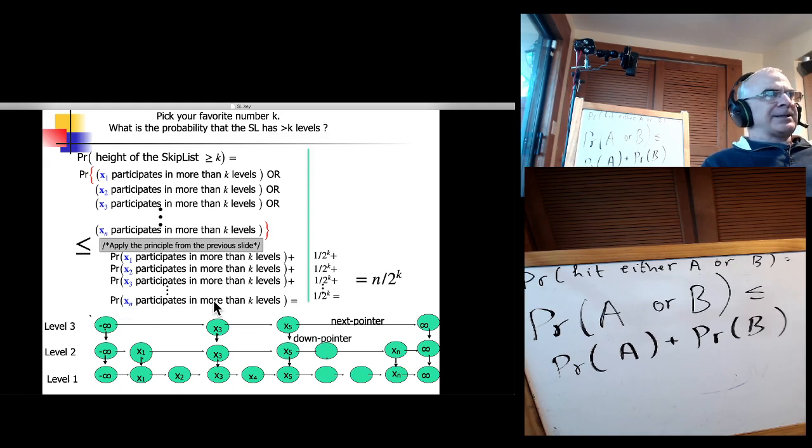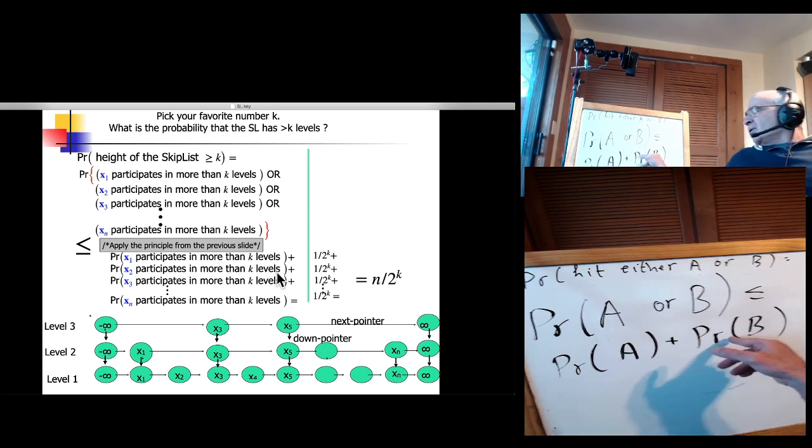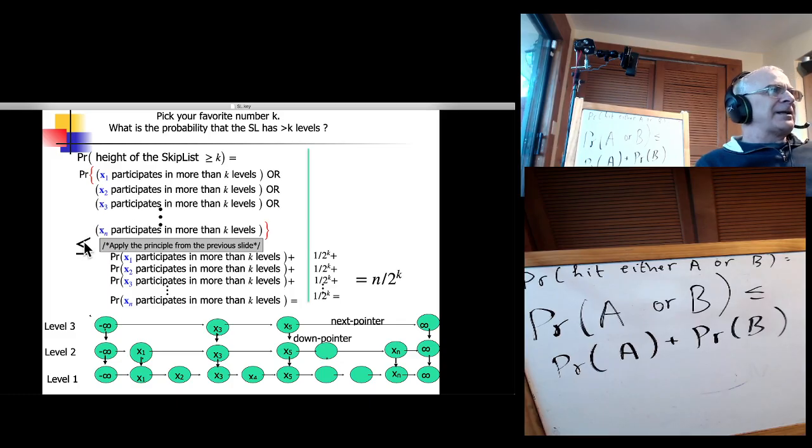And if I sum up all these terms, whatever I'm getting is definitely smaller or equal than the probability that at least one of them has decided to be the bad guy and participate in so many levels. So I am breaking a pretty hairy, unpleasant expression that I could compute, but really prefer not to calculate exactly.